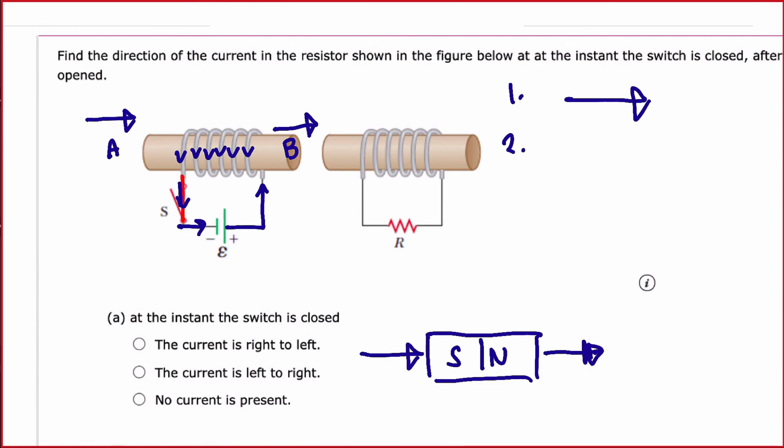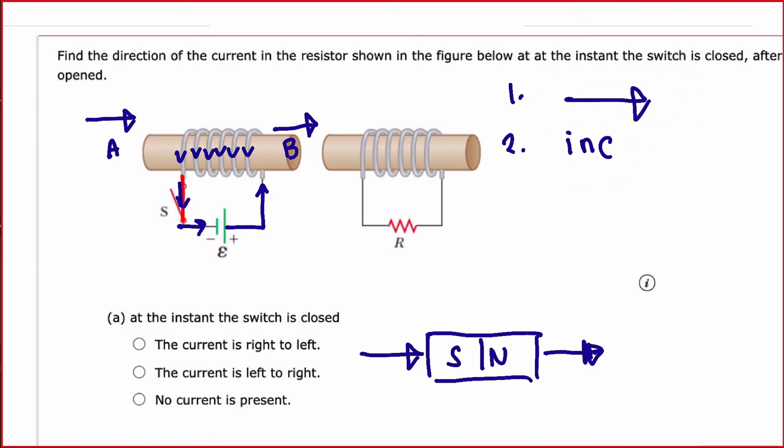Exactly. Initially there was no magnetic field because we did not turn on the switch, and therefore no current flowed through the solenoid, and without current there wouldn't be any magnetic field created. So this magnetic field has increased, because when you turn it on, the magnetic field was created.